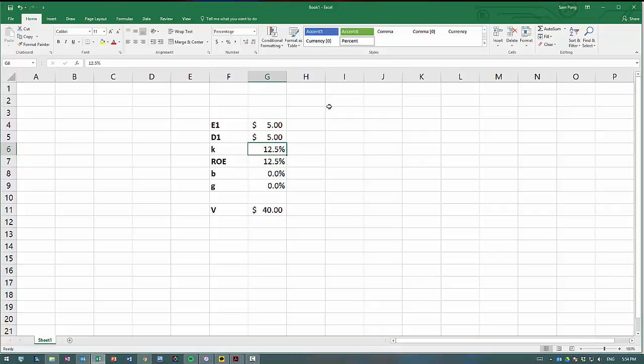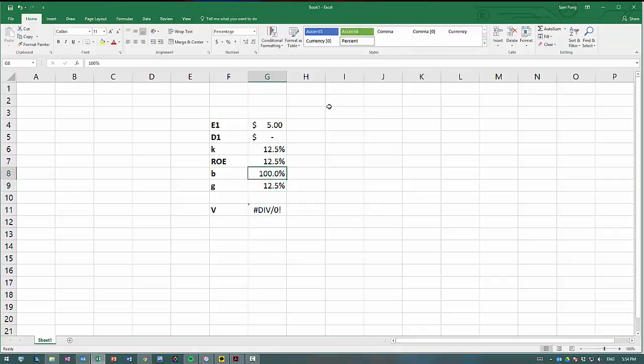Now watch this, okay? If these two numbers are the same, then it doesn't matter whether I retain no earnings, or 10%, or 20%, or 30%, or I retain all of it, okay?